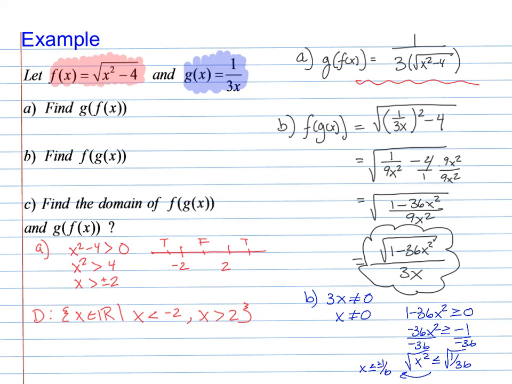Plus or minus, sorry. So we're going to have that our domain for this one is going to be x in the reals such that x has to be greater than or equal to -1/6, x has to be less than or equal to 1/6, and x cannot equal 0.